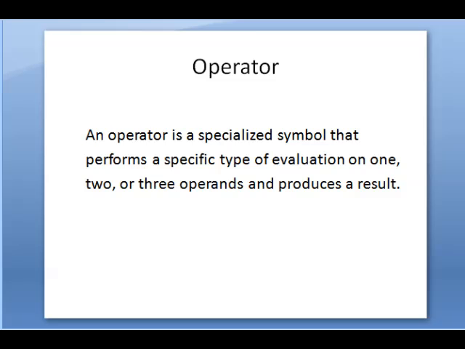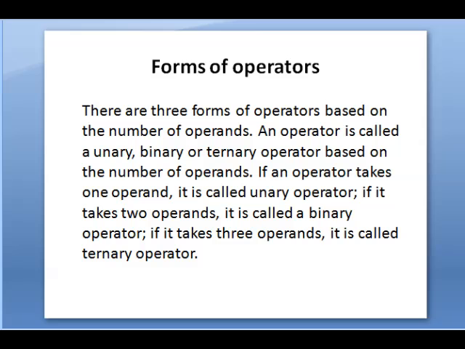Next is forms of operators. There are three forms of operators based on the number of operands. An operator is called unary, binary, or ternary. Unary means one, binary means two, and ternary means three, based on the number of operands.